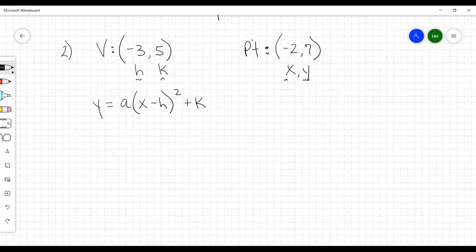Then you can write the equation in vertex form. So we're going to use this 7 for y, since we're trying to find a. Our x value is this negative 2, minus our h, which is negative 3, squared, plus our k.